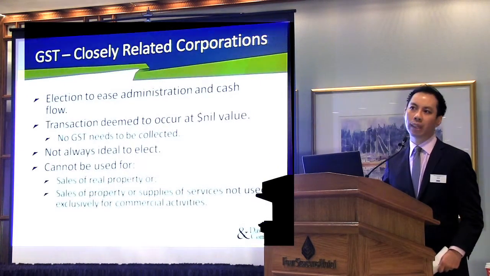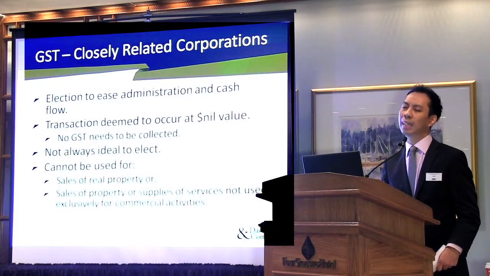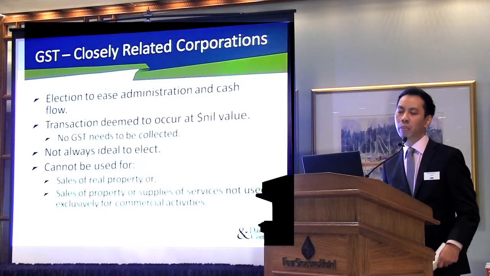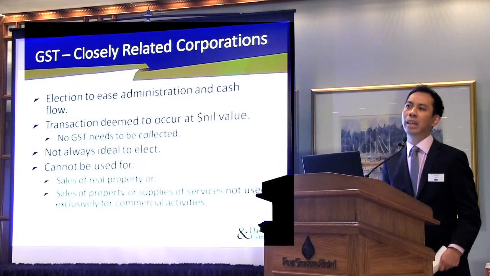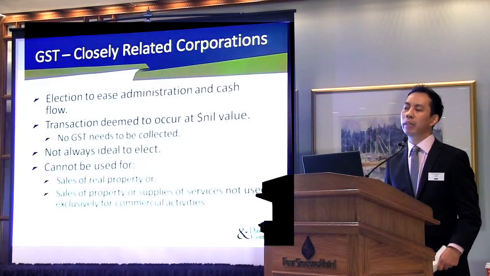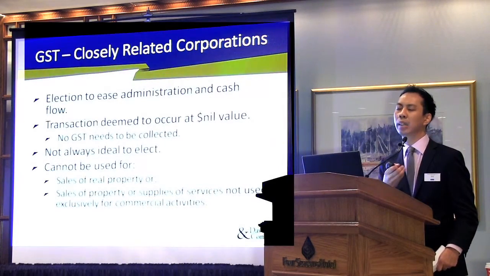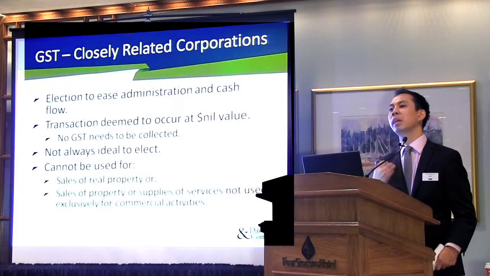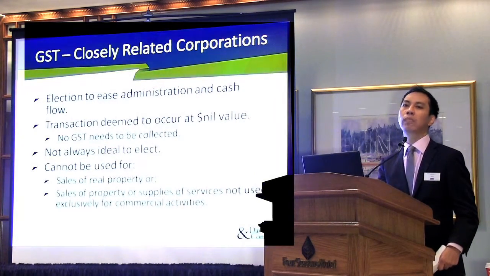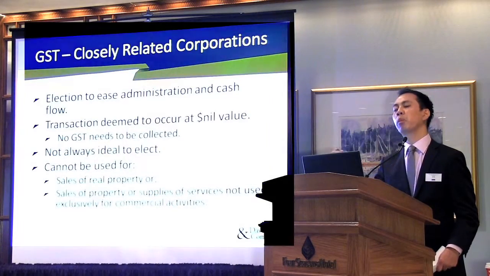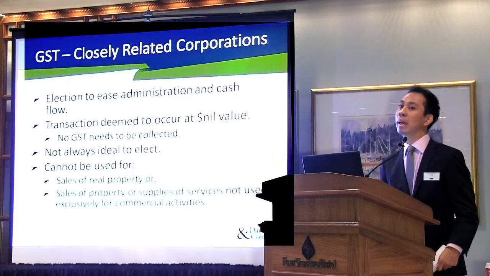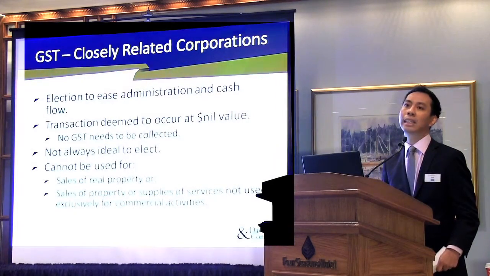So I wrote there, it's not always ideal to elect. I would say most of the time it's nice to elect because you get away from the administrative burden of doing it and switching hands on the cash flow of the GST. If you have a situation where, for example, Company B in my example that's claiming the ITC is a monthly filer, and you're actually getting the refunds quicker than the person that's remitting the GST to the CRA, which may be an annual filer, that situation may actually be better to just not elect at all.